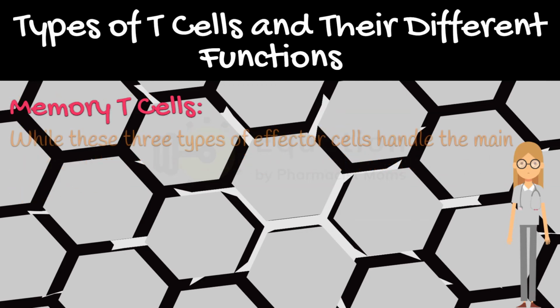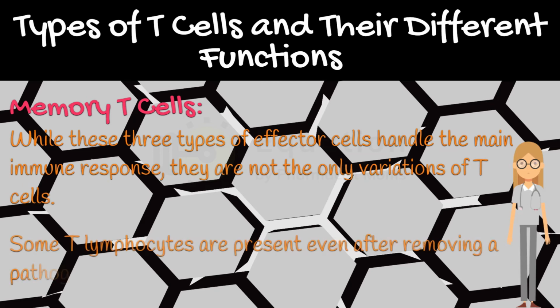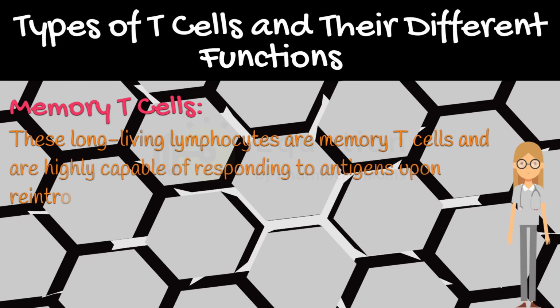What are memory T cells? While these three types of effector cells handle the main immune response, they are not the only variations of T cells. Some T lymphocytes are present even after removing a pathogen. These long-living lymphocytes are memory T cells and are highly capable of responding to antigens upon reintroduction.